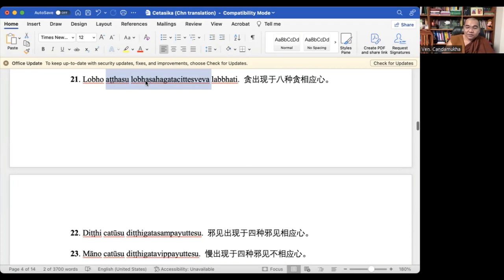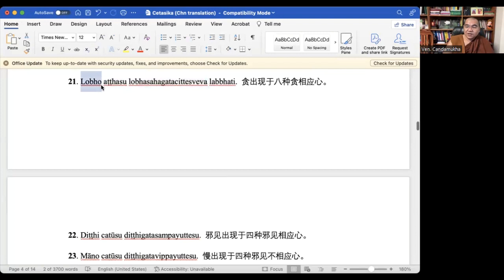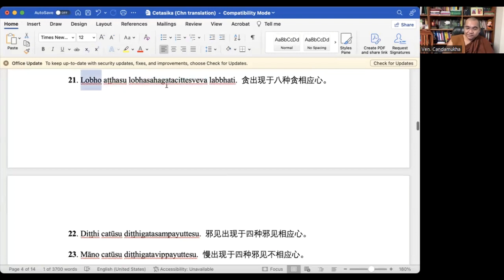So this Lobha cetasika is available only in the 8 Lobha-mula cittas, not in many others, only 8.